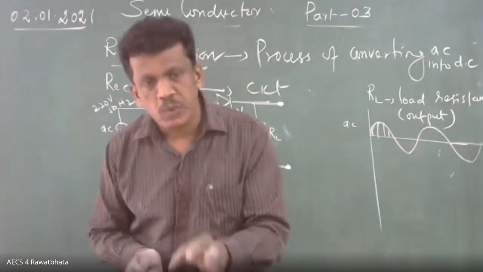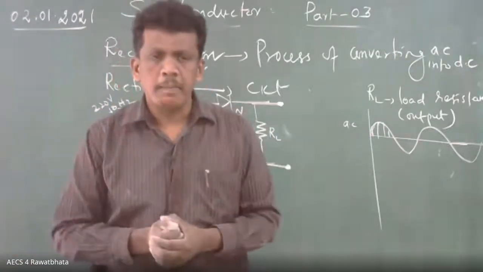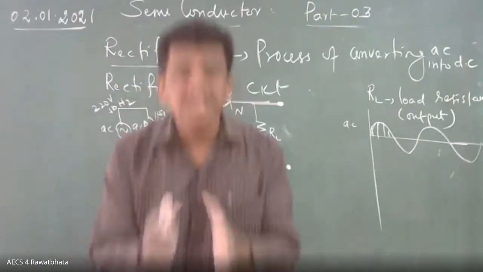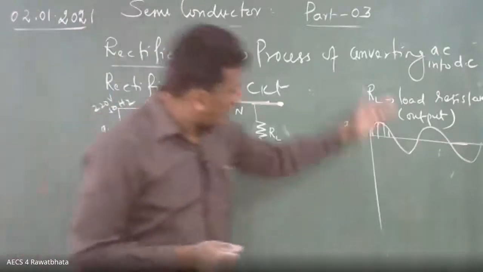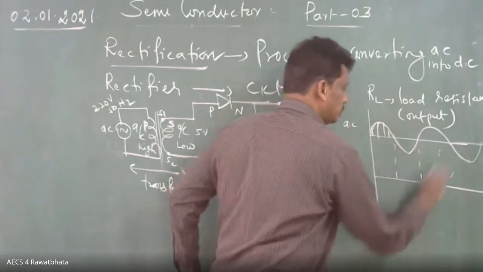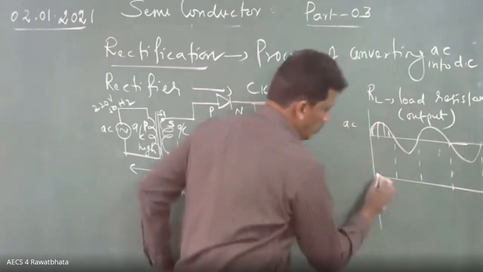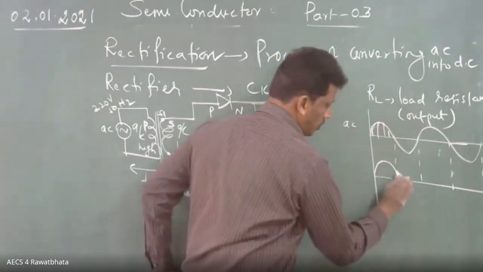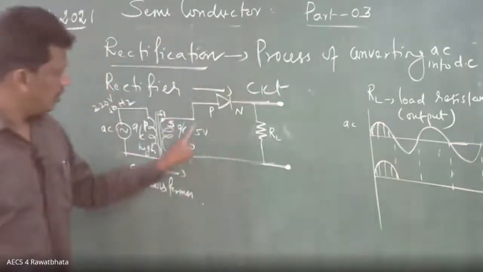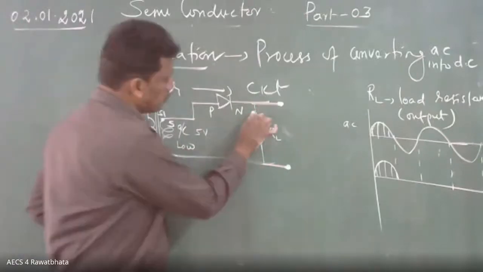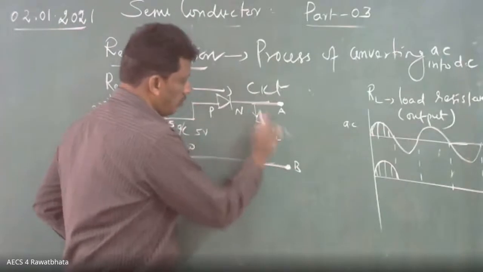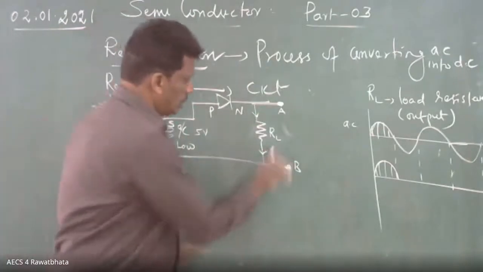In forward bias, which one conducts, majority carrier or minority? Majority charge carrier. So you get the output. Current flows from here. Suppose you make the point A, so A to B the current is flowing.